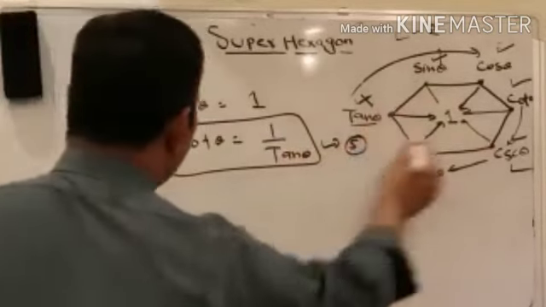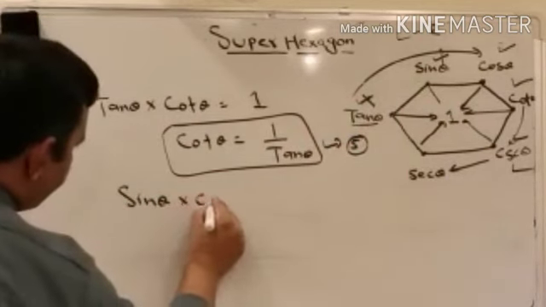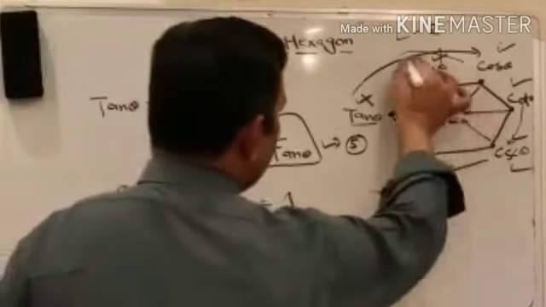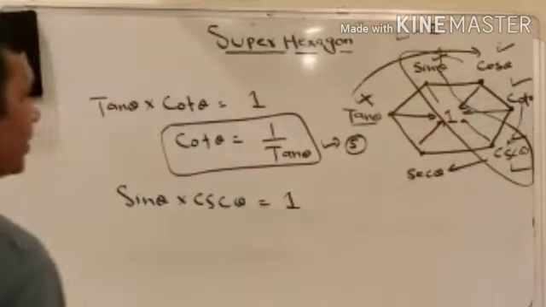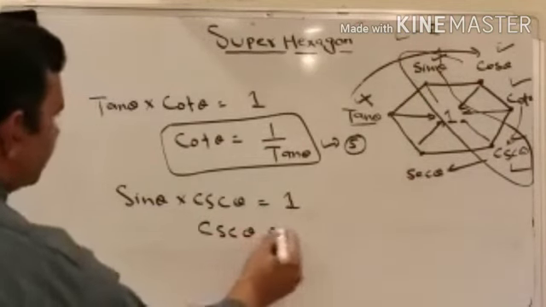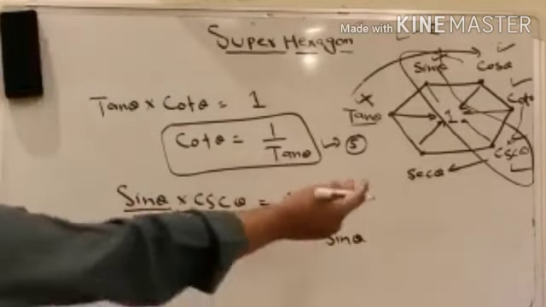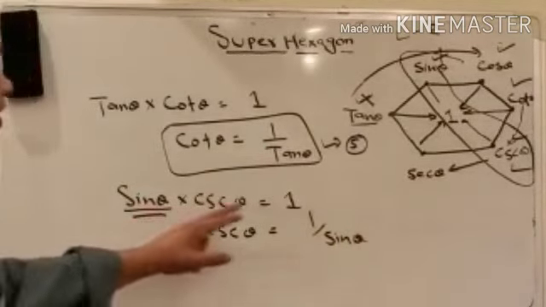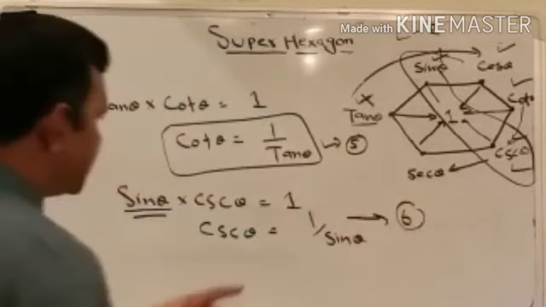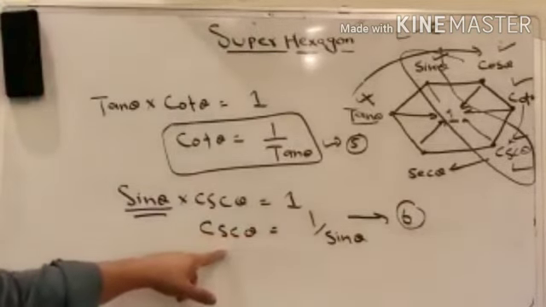Next, the product of sin theta and cosecant theta equals 1. Cosecant theta will be equal to 1 divided by sin theta, because when I shift it to the right side, it converts into division. And the sixth identity shows that there is an inverse relationship.